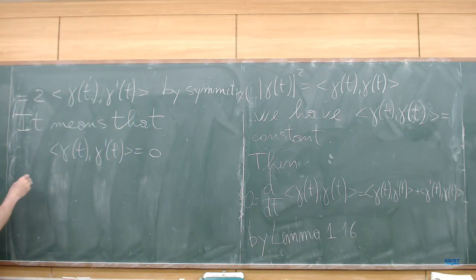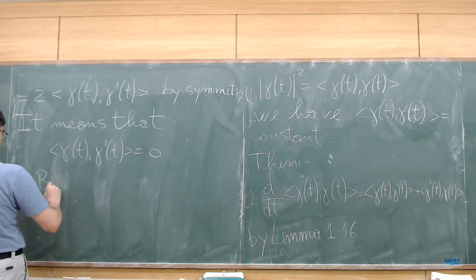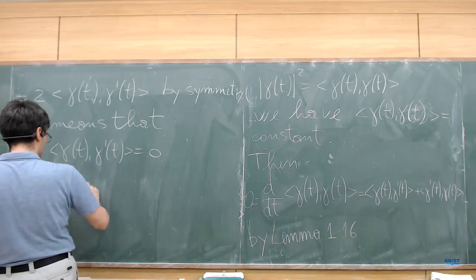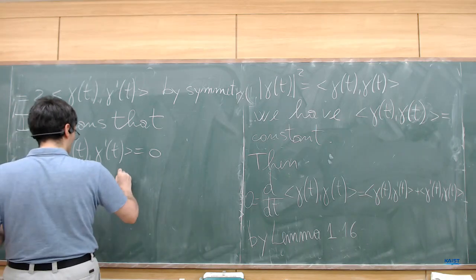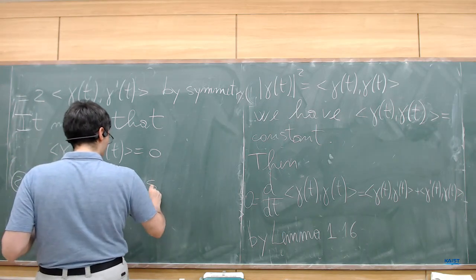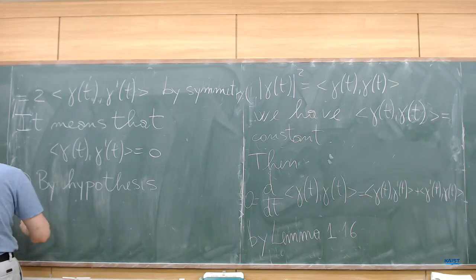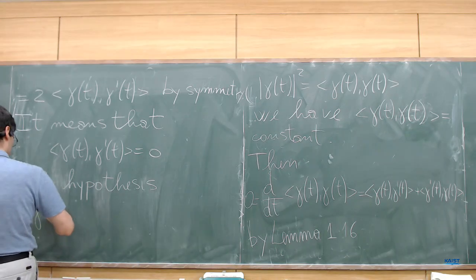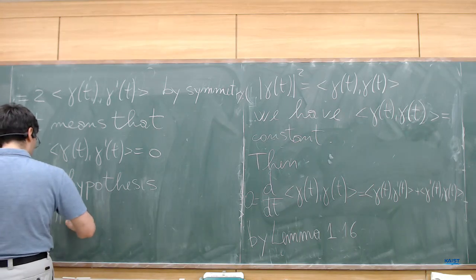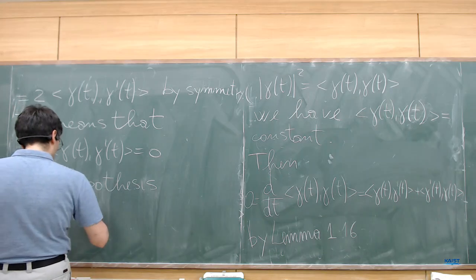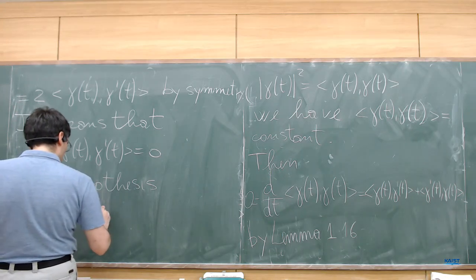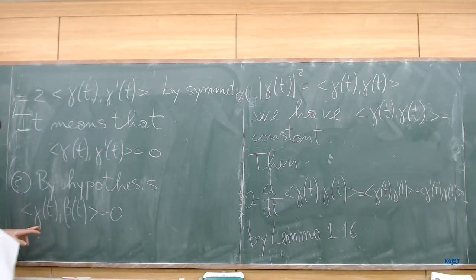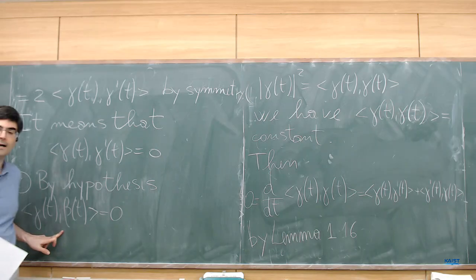Now we have the proof of the second part. By hypothesis, we have that the inner product of gamma t and beta t is 0, because gamma t and beta t are orthogonal.